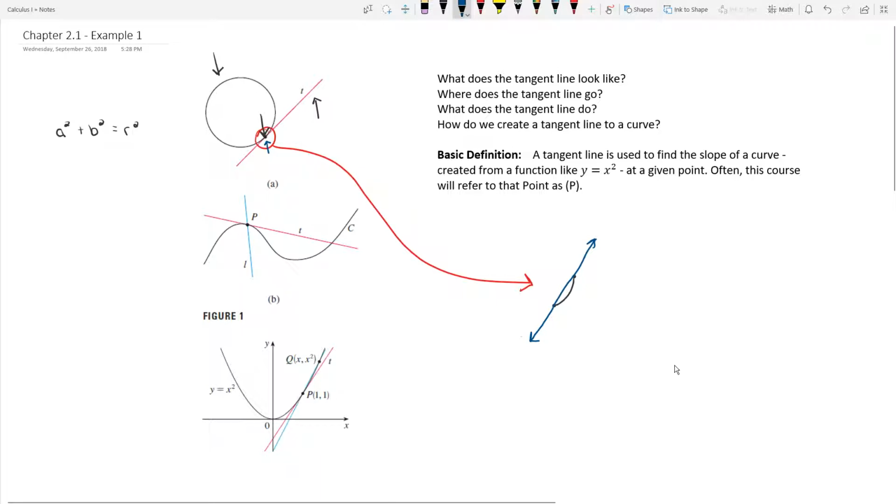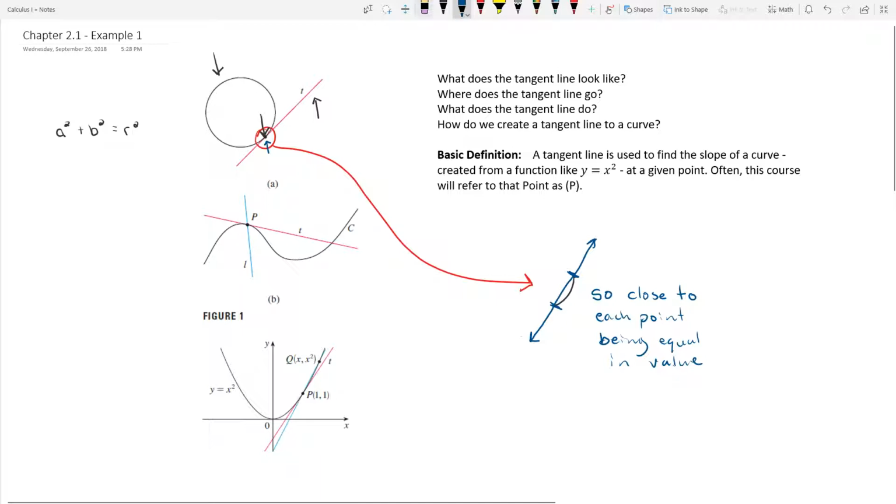By doing that on a scale that is so close to each point being equal in value, we are able to find the slope of that curve at any given point.